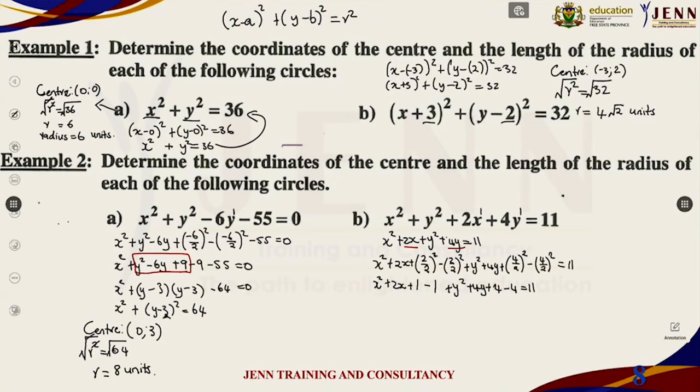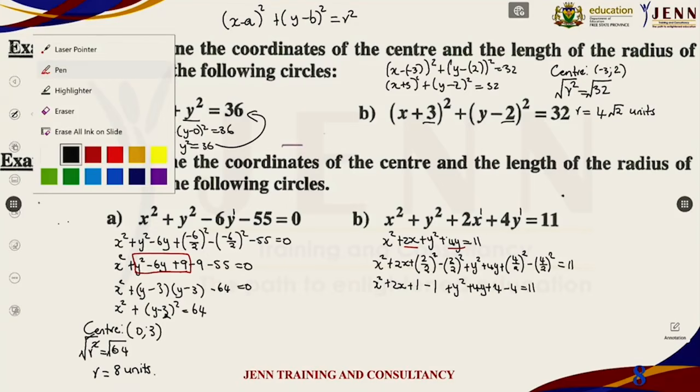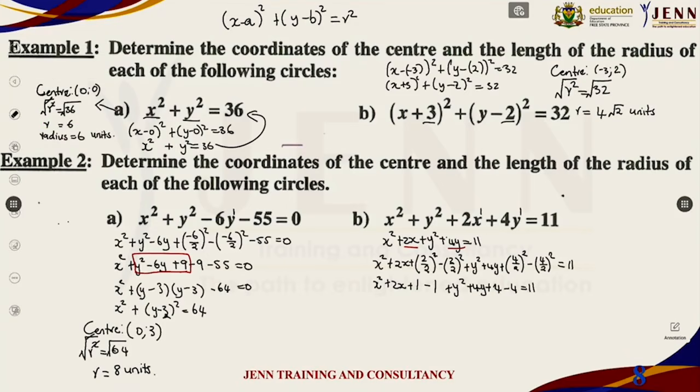Then from here, what are you going to do? Your focus now goes to the first 3 terms of each variable. How many variables do I have? We have 2 variables in this equation, which are x and y.